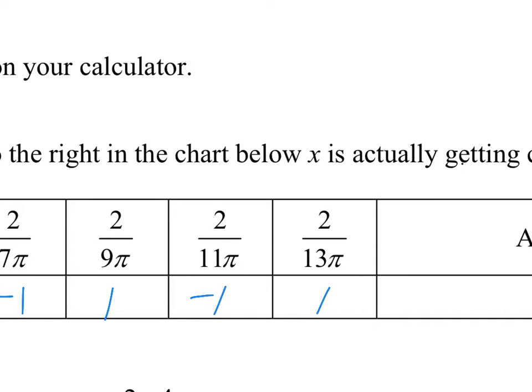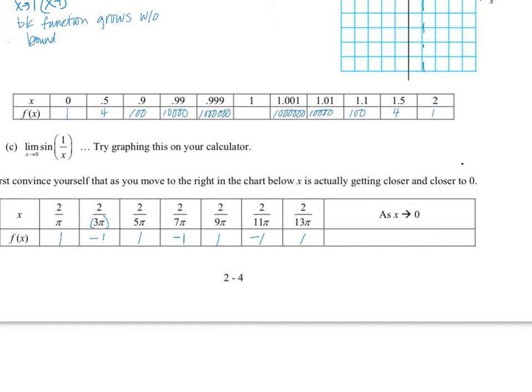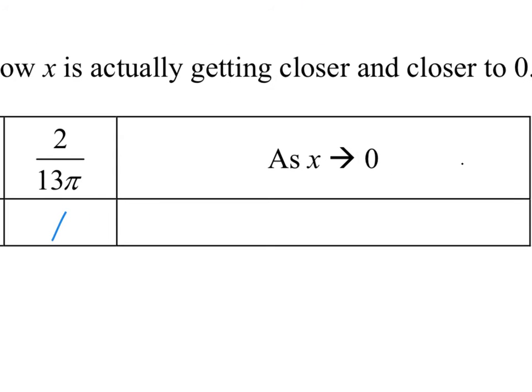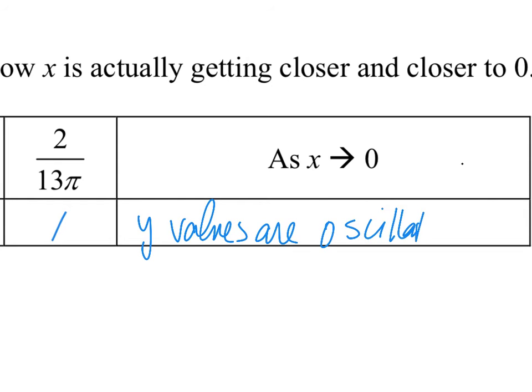So as I'm getting closer and closer to 0, what value am I approaching? Do we know? Is it 1? Is it negative 1? Really, we have no idea, because as I approach 0, the y values are oscillating between 1 and negative 1.